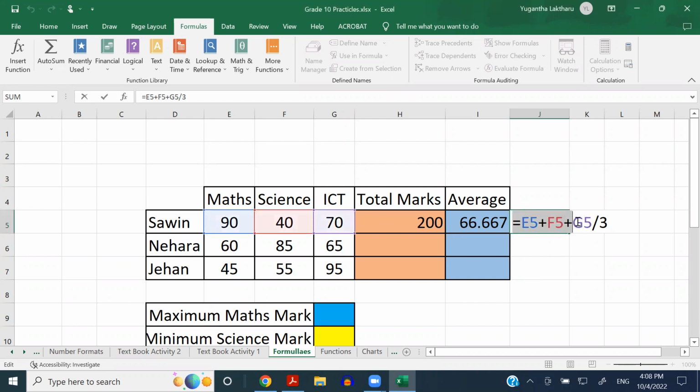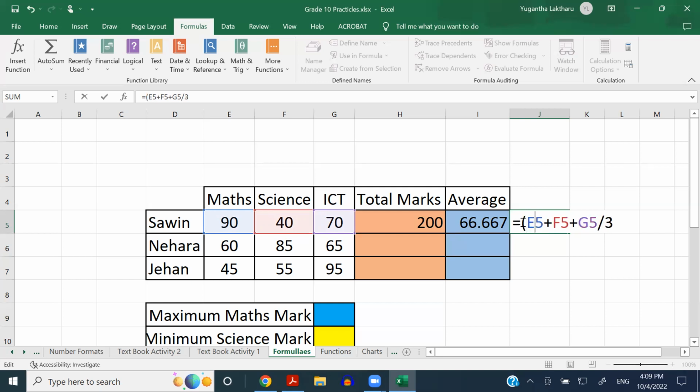Now, if we consider this formula, it says divide only G5 by 3. Then with that, add the things in F5 and E5. So what will happen is 70 will be divided by 3, and it will add up to the 40 and 90, which is going to be an incorrect answer.